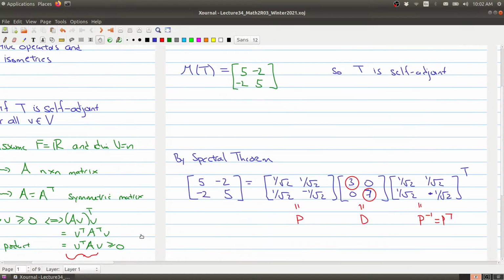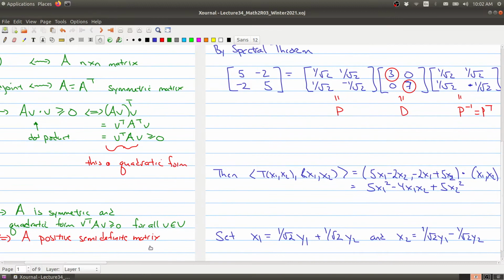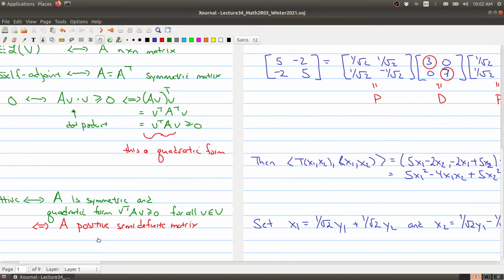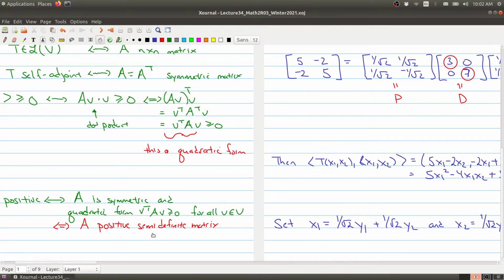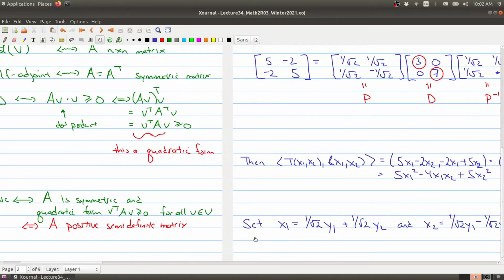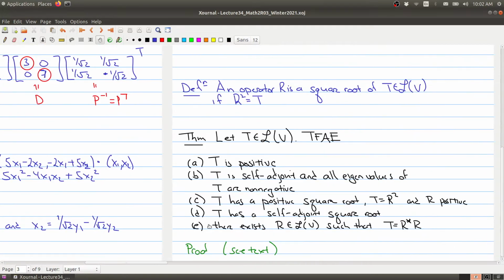And I want to point out, for those of you that have taken Math 2 LA3 and talked about positive semi-definite, what positive semi-definite means, and you may find this in the textbook, is saying that your matrix is symmetric and all of its eigenvalues are 0 or greater. Okay, so we're tying all of these pieces together.